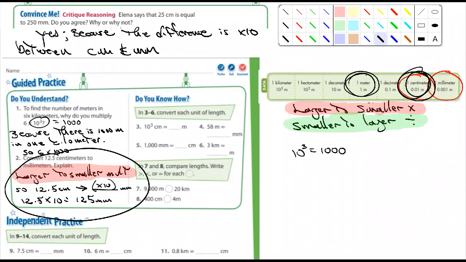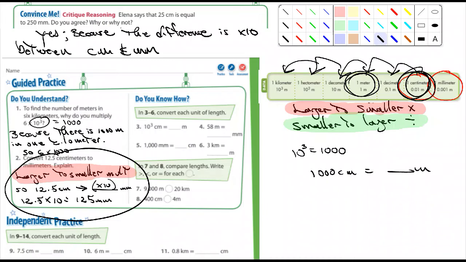So 1,000 centimeters equals how many meters? Well, if there's 100 centimeters in a decameter, there's 1,000 in a meter, 10,000 in this, 100,000 in this, and 1,000,000 in that.